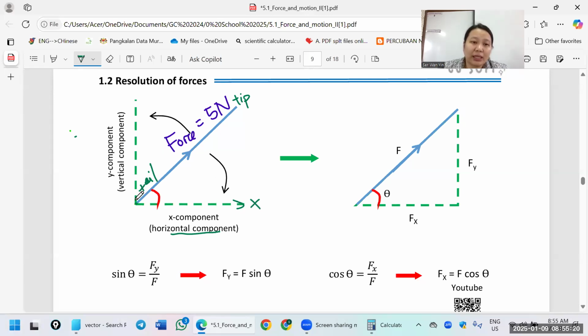Then we make another line to show the y-axis.